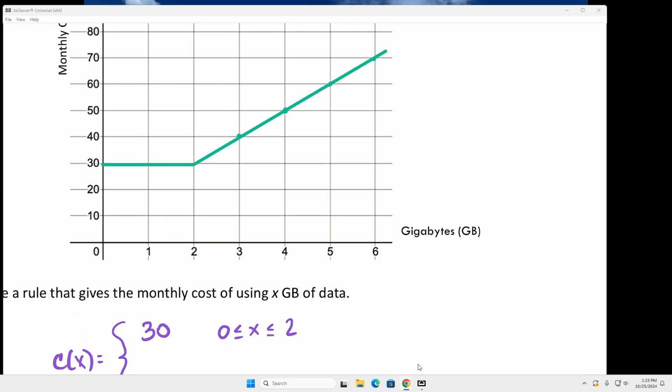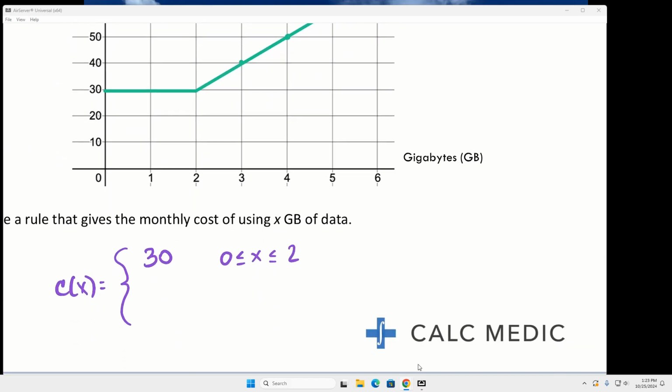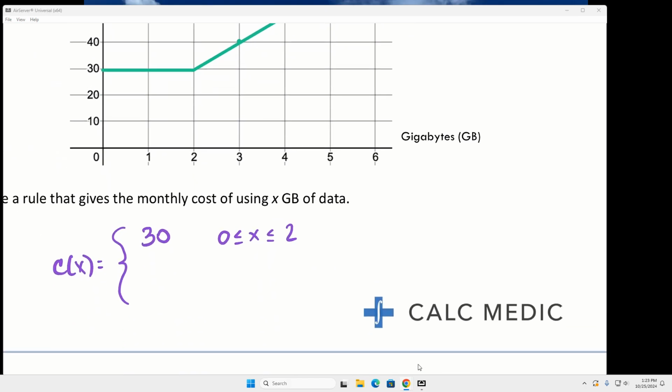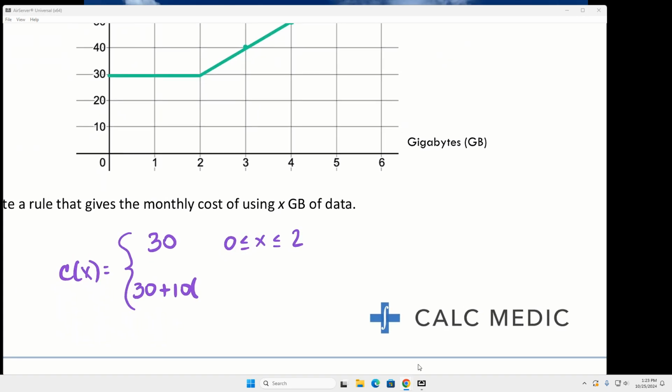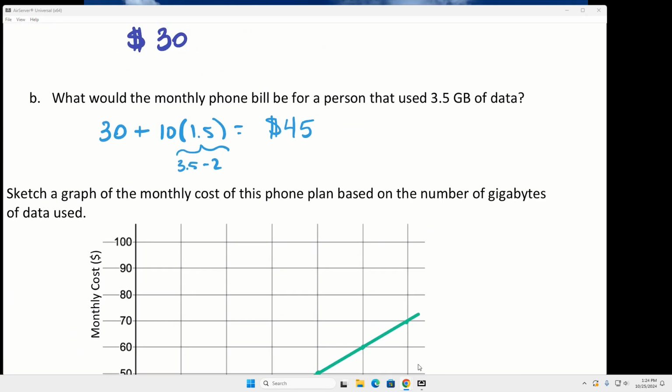All right, and then after that, we have a new rule that you still pay the $30, but then you pay $10 for each additional gigabyte. So $30 plus 10. We don't just multiply the 10 by x because then you're paying double. You've already paid for the first 2 gigabytes.